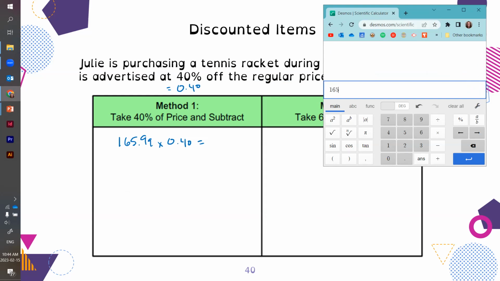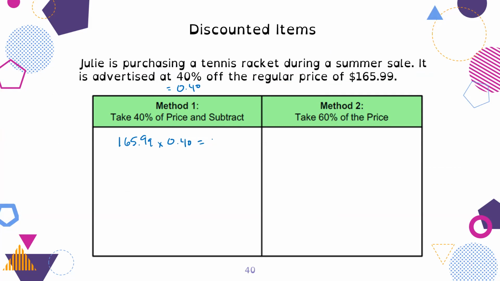So do that on our calculator. And we get $66.39, which really rounds to $66.40. So then that means the new price, because that's the discount, right, is going to be $165.99, take away $66.40.